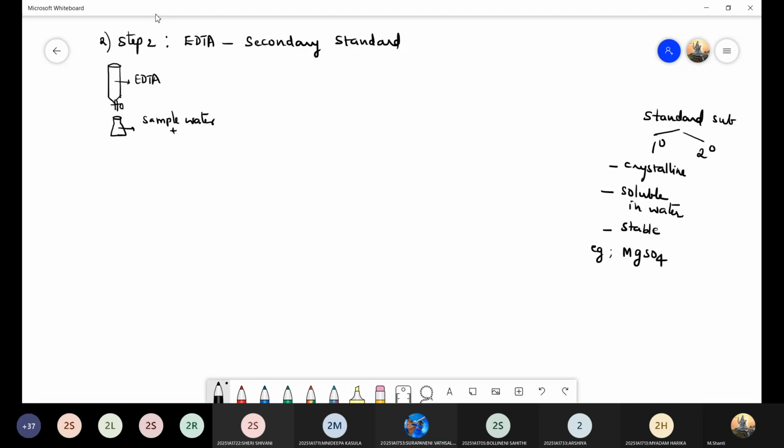Buffer, EBT. So this will be your wine red solution. When you titrate with EDTA, what is the end point here? This already I told you. What is the end point here?